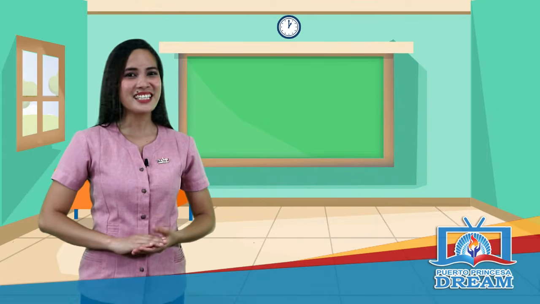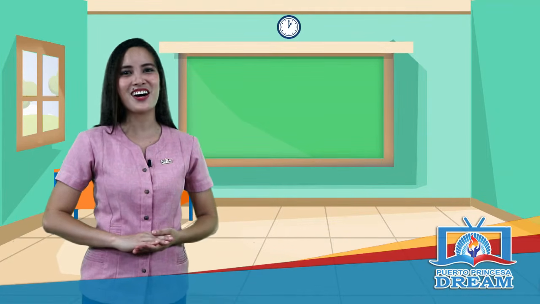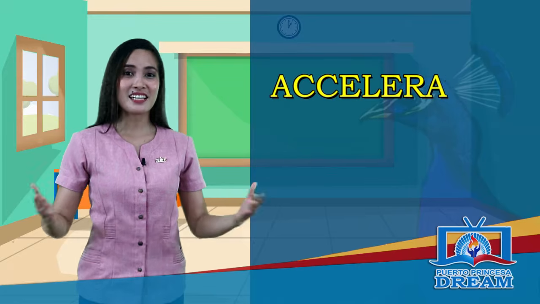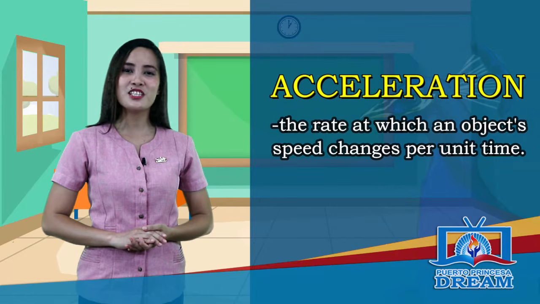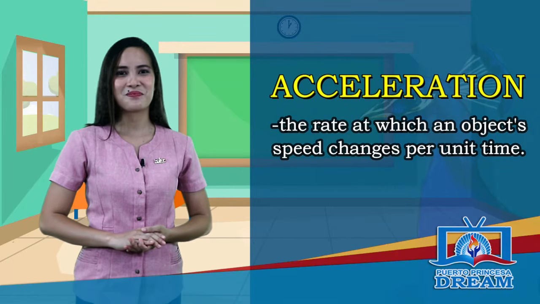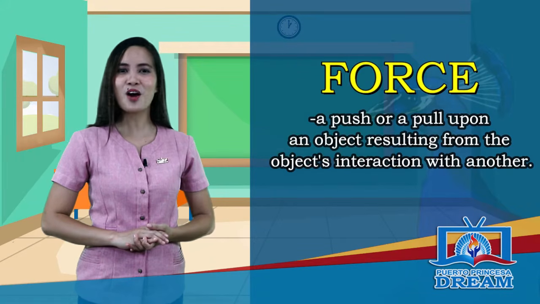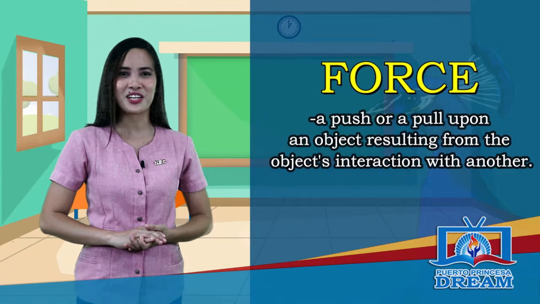Before we proceed to the lesson, let us unlock some terms that we will encounter later on. Acceleration: the rate at which an object's speed changes per unit time. Force: a push or a pull upon an object resulting from the object's interaction with another.